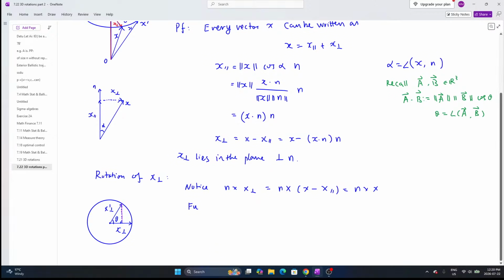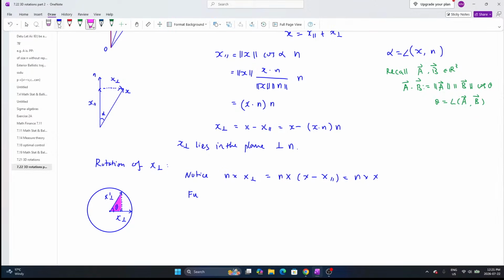The vertical one needs a little bit of thought. It's not so easy to obtain, because that's a job for the cross product. We'll see why shortly. So this is why I'm considering the fact mentioned above: n cross x perpendicular equals n cross x.